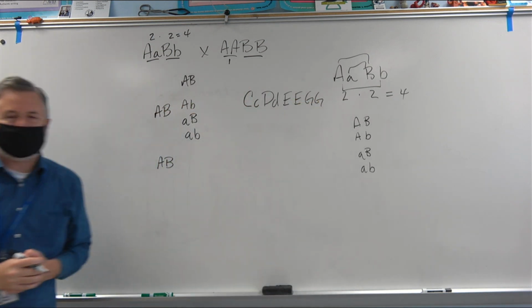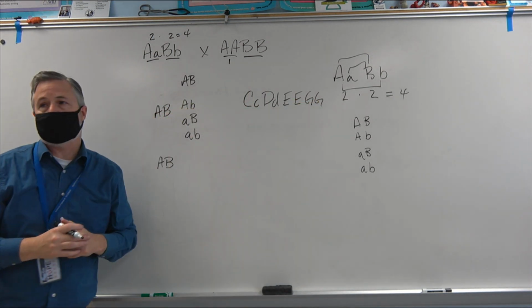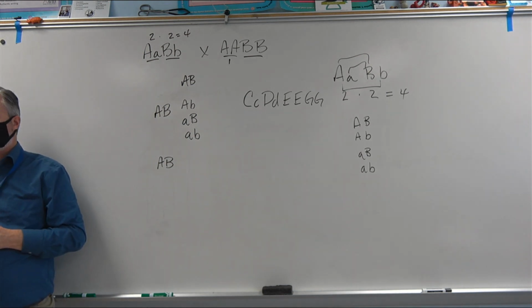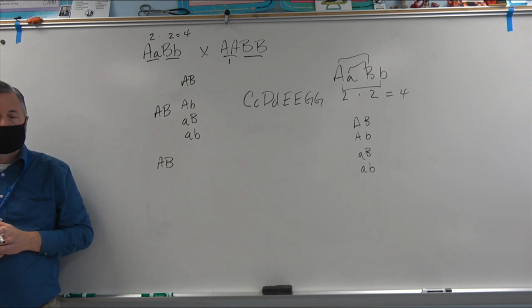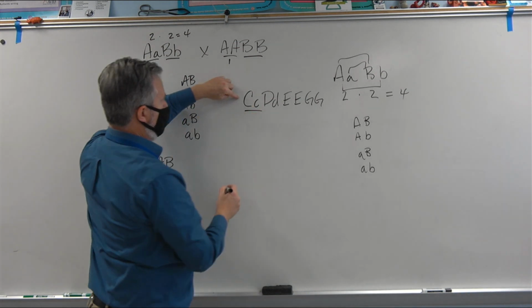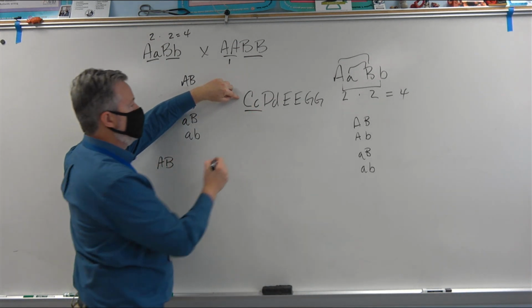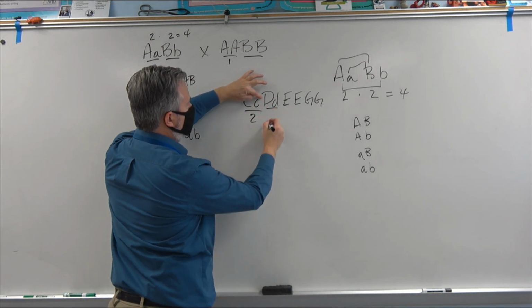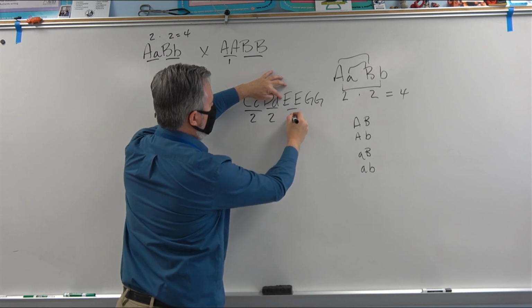How many different kinds of gametes can that individual make? All right, how many possibilities are there for big C, little c? Big D, little d? Little e.